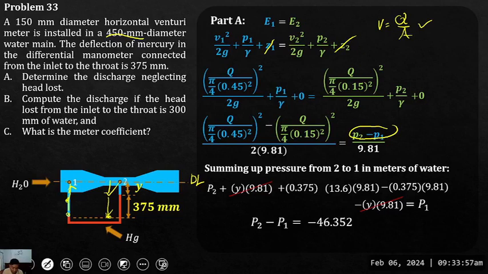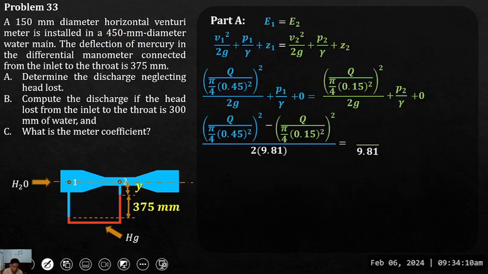P2 minus P1 is negative 46.352. Tama? So, yung pressure difference na yan, substitute natin doon sa equation natin. So, that's going to become, palitan na natin ng negative 46.352 over 9.81.